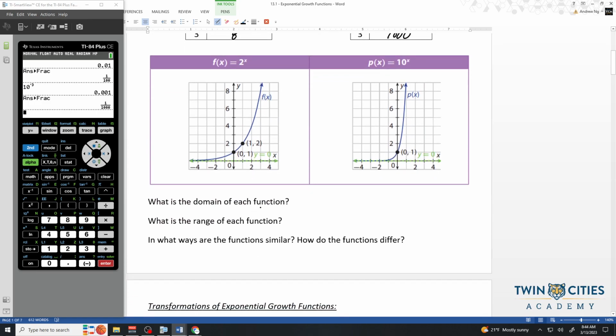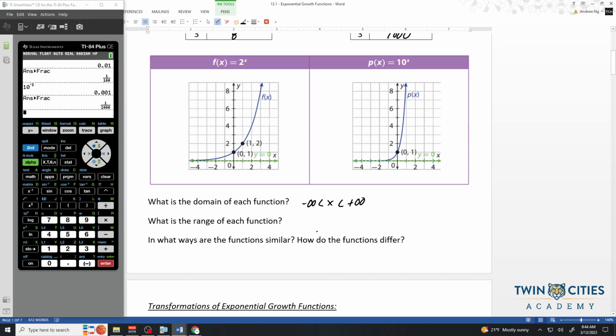What's the domain of each function? So remember, domain is the set of all x values. When I look at the set of all x values, this can go infinitely to the left and infinitely to the right for both. So I would say that x is from negative infinity less than x less than positive infinity.